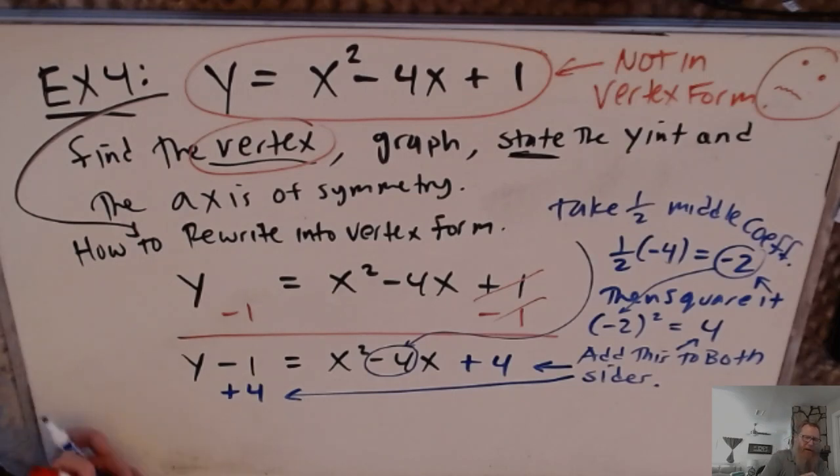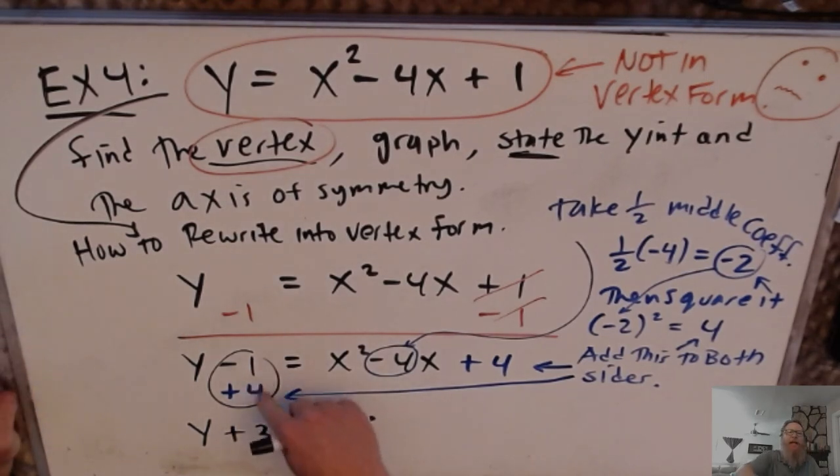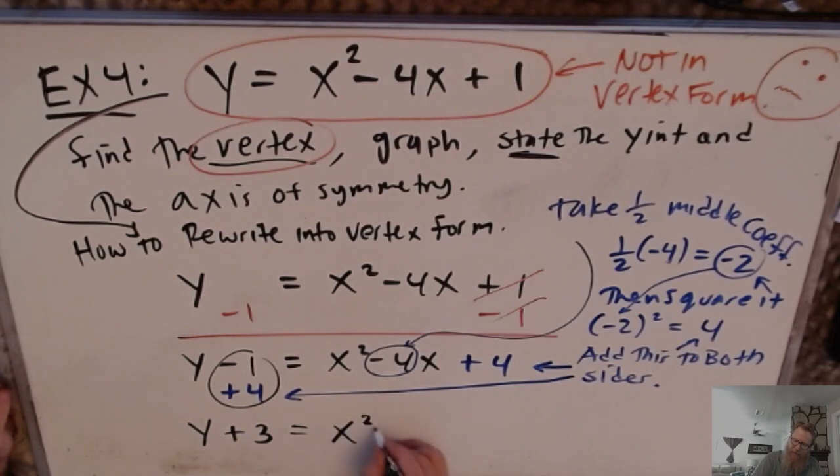So now I've got y plus 3, since -1 and +4 is y plus 3. And now I've got x squared minus 4x plus 4.